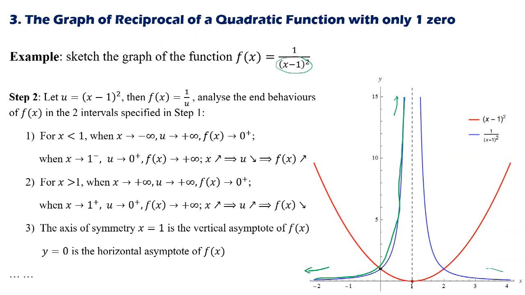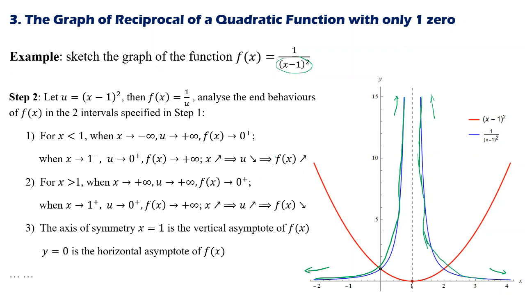And when x approaches 1 from the positive side, the denominator approaches 0 from the positive side. Then the reciprocal should approach positive infinity, right? So basically, the function here will have a pattern like this, right?